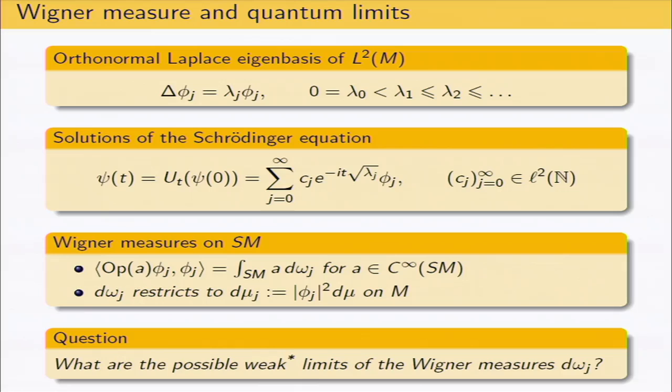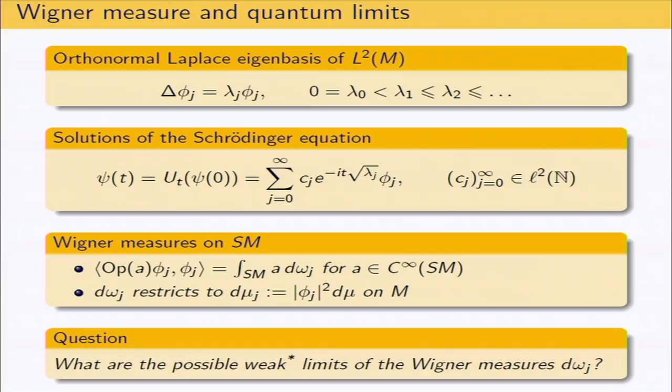So it is given by integration against a unique regular Borel measure, and that's d omega j. So once you fix a Laplace eigenbasis, it comes along with this sequence of Wigner measures that measure, in a sense, what a classical observable is in the jth state of the quantum system.